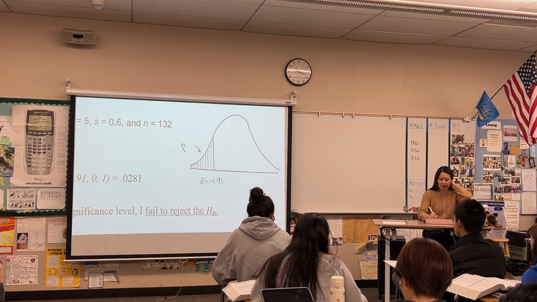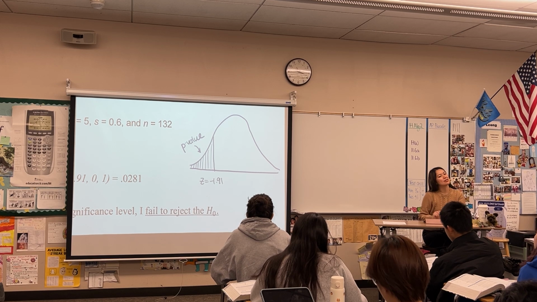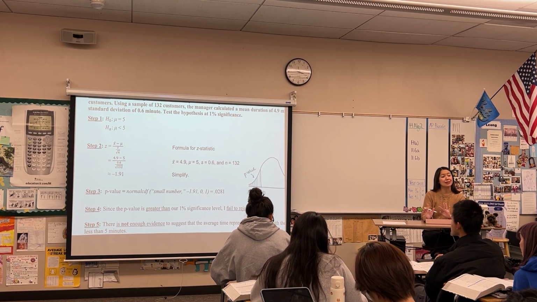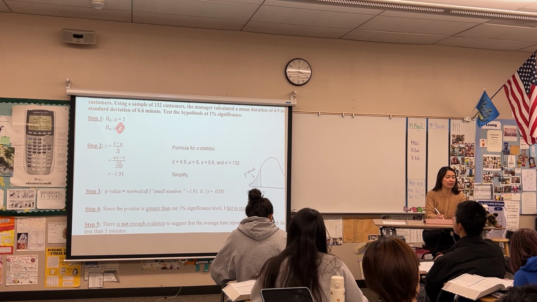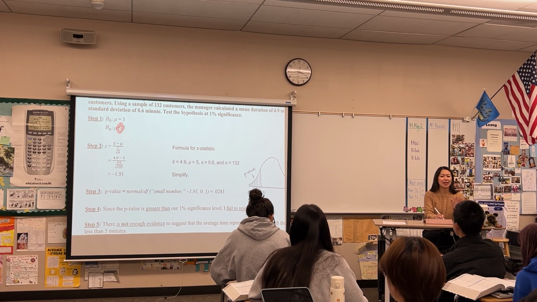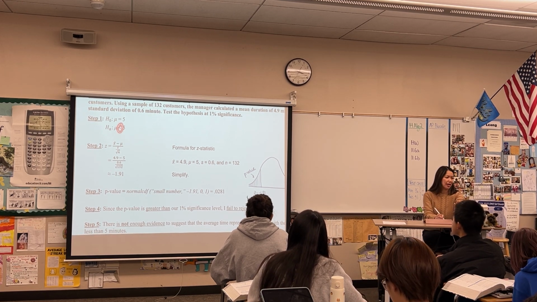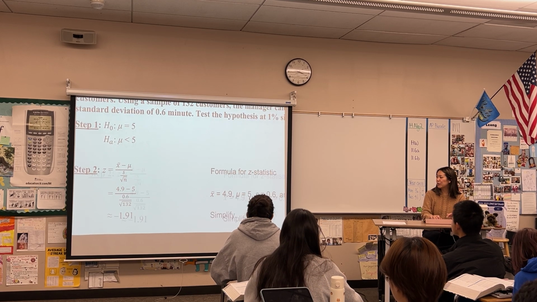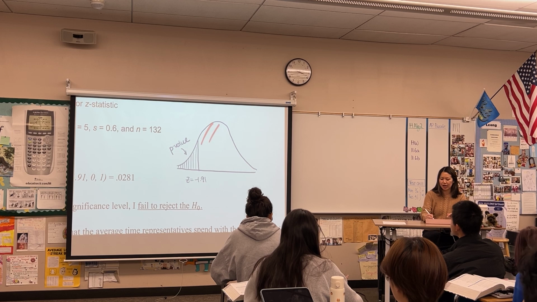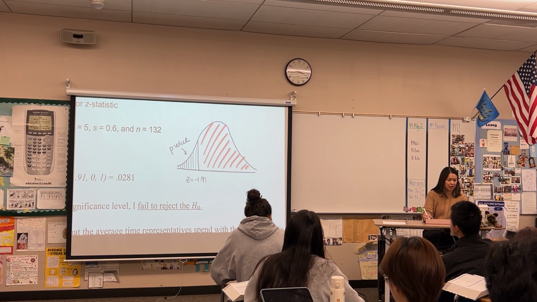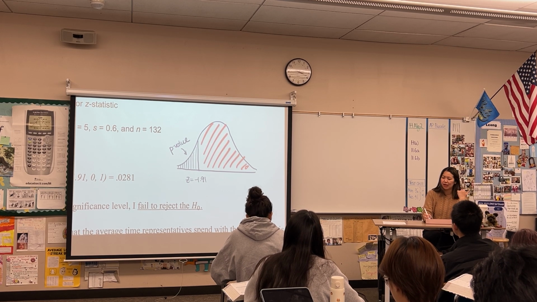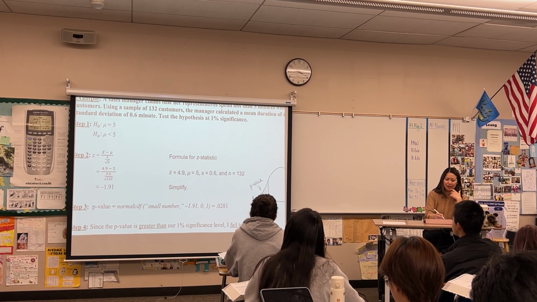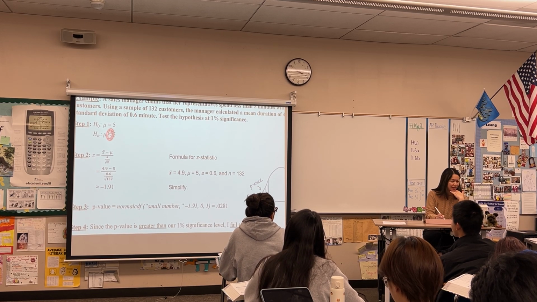And that area is your p-value. The reason I'm going to the left is because of this alternative hypothesis. If it's less than, I want the area to the left. If this was greater than, then I would want to find the area to the right. We'll talk about not equal to in another example. But that direction of shading is dependent on your alternative hypothesis.